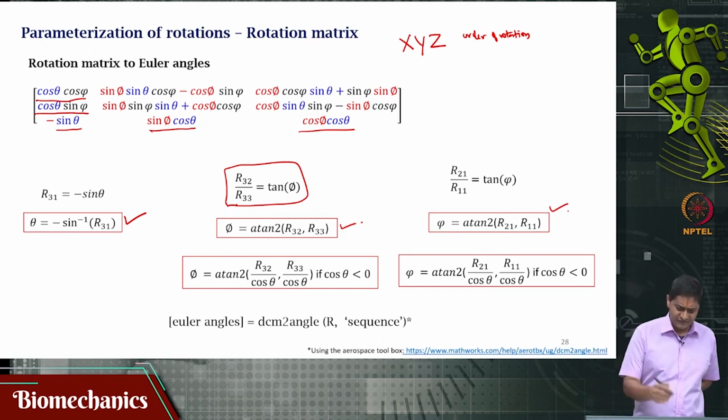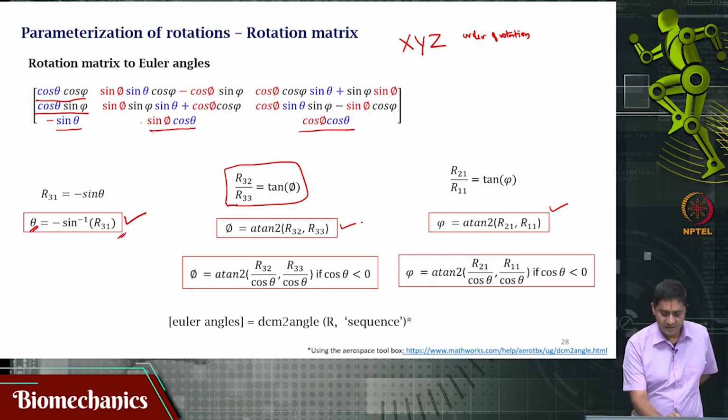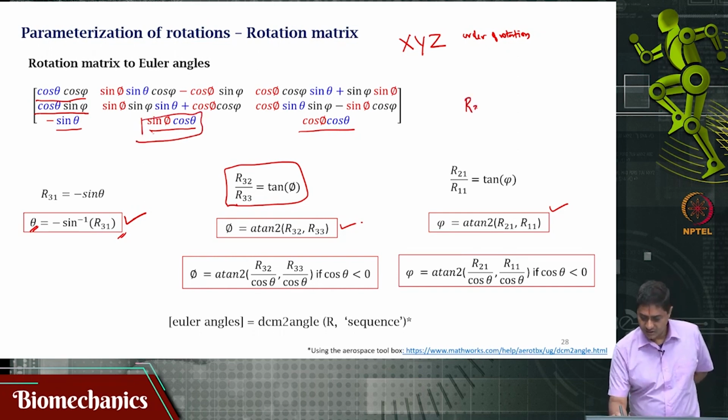I can do something else. If I first find theta, there are other ways of doing this. There is no single way to do this. For example, if I have found theta using this method, then I can take this value, that is R32. R32 is sin phi cos theta, and I already know theta, since I just found it in the previous step.